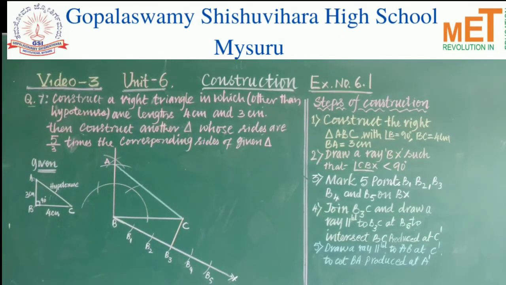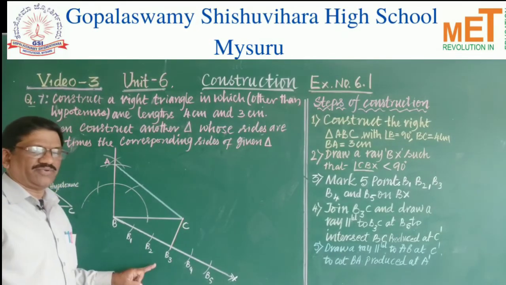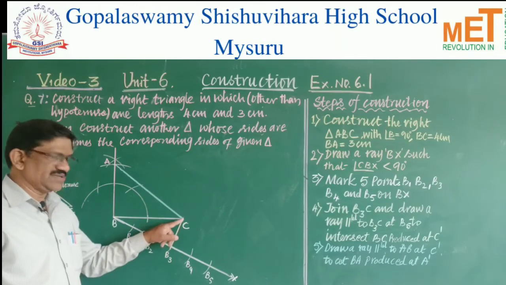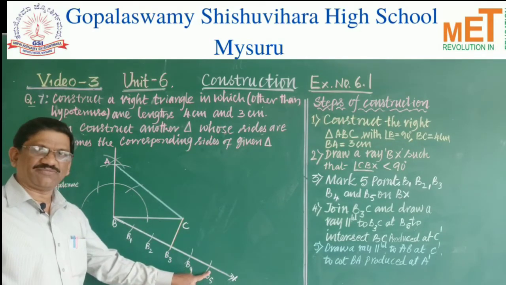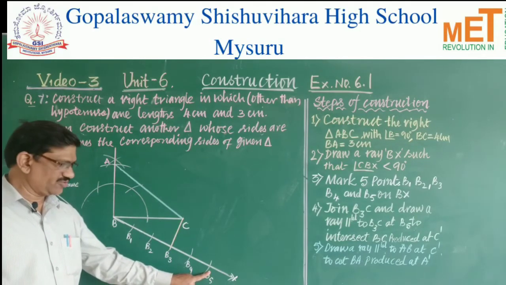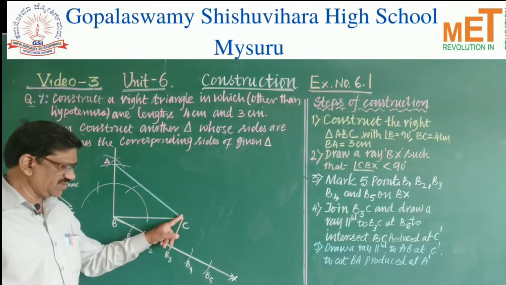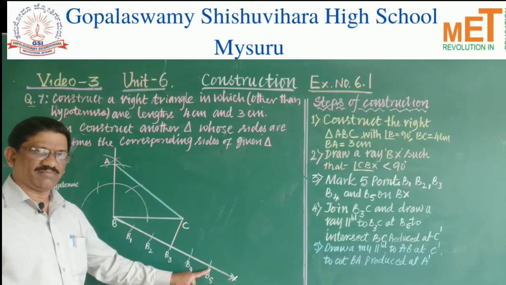We have to draw a ray parallel to B3C at B5.